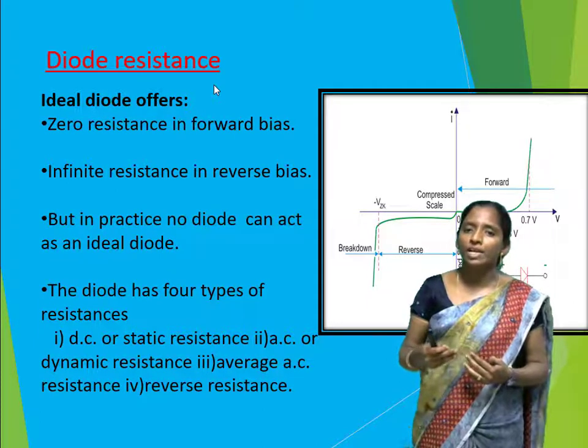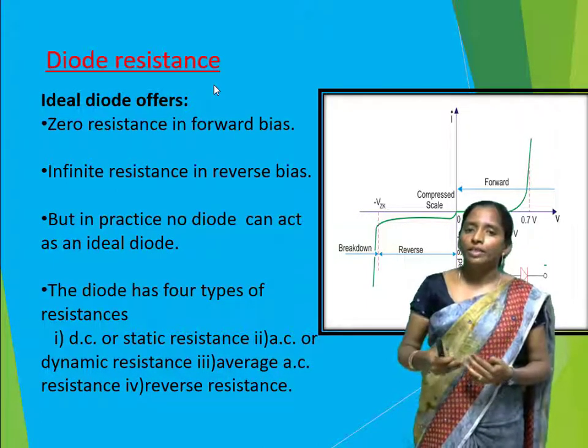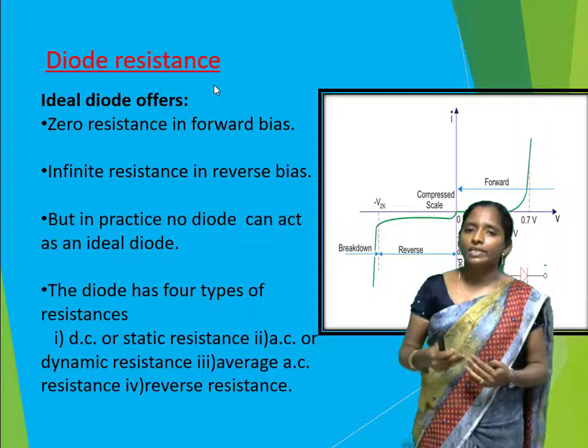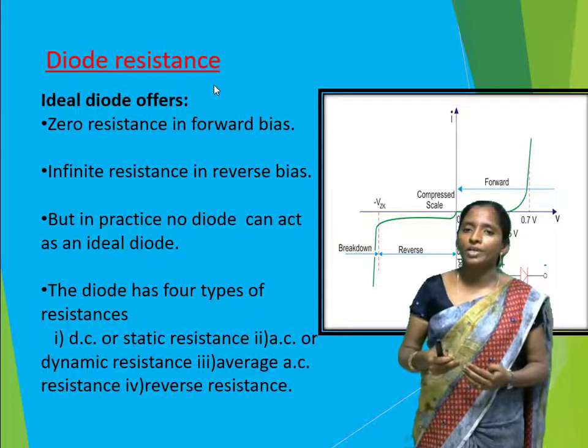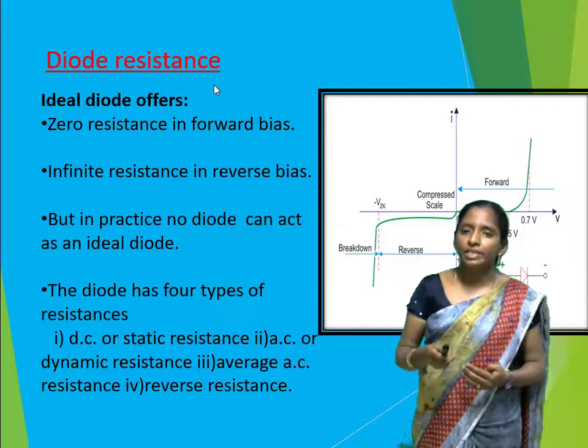Unfortunately, no diode acts as an ideal diode. There are four types of resistances present in the diode. One is DC or static resistance, another is AC or dynamic resistance, the third is average AC resistance, and the last is reverse resistance.